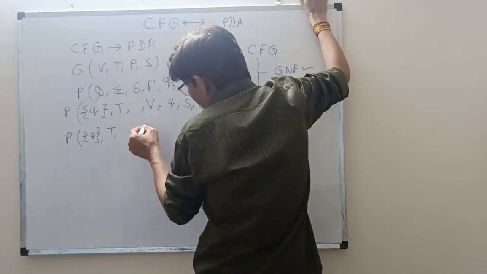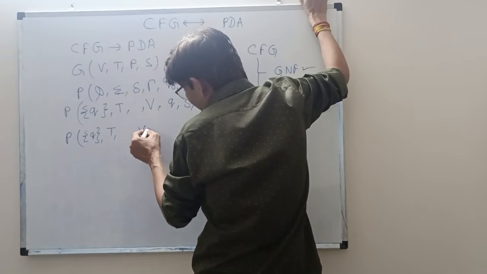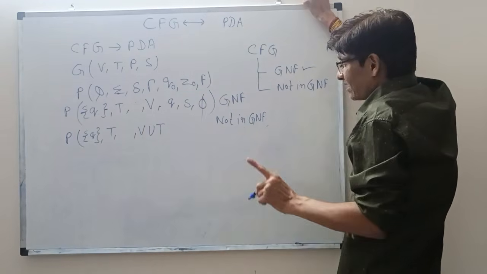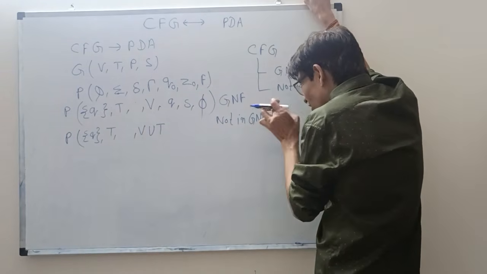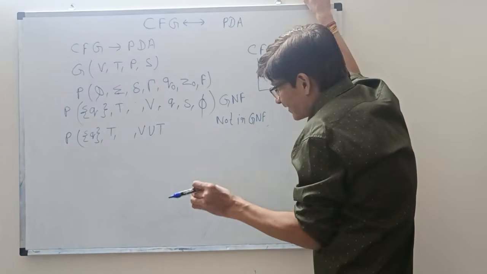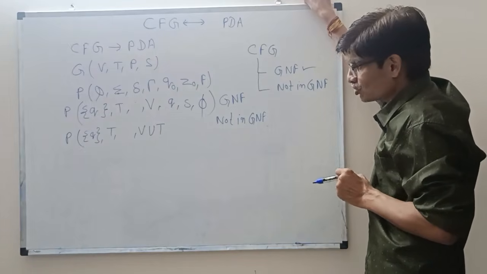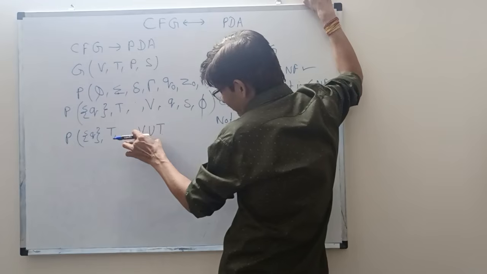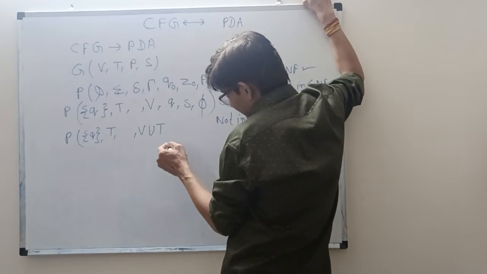Then this gamma would be V union T. When the grammar is not in GNF, you can store both terminals and variables into the stack. So gamma would contain the union of variables and terminals.